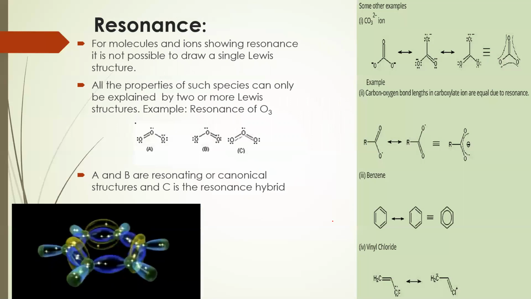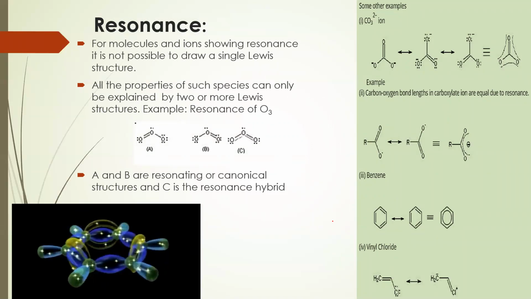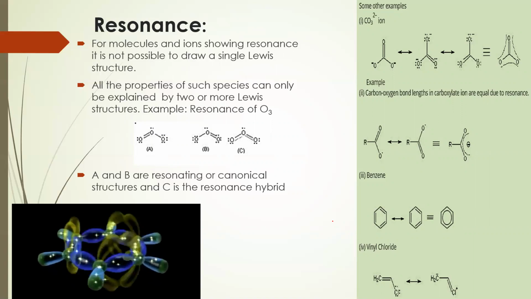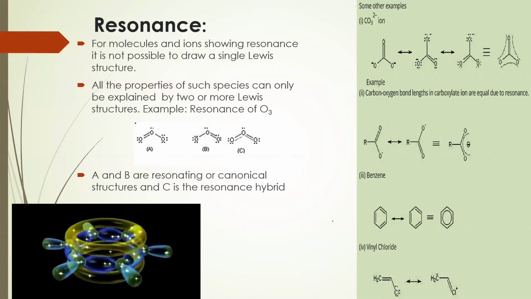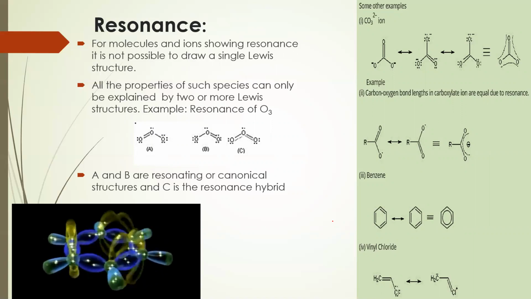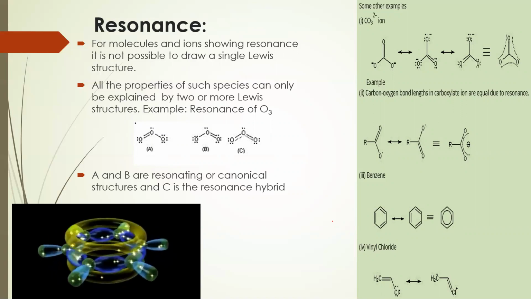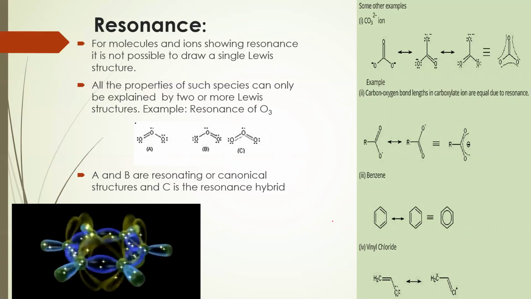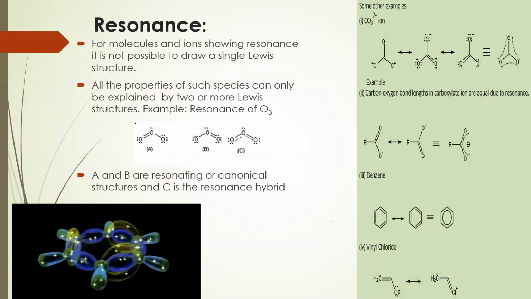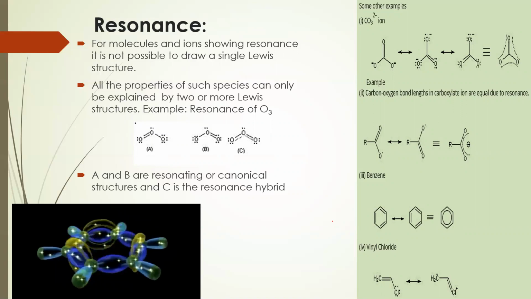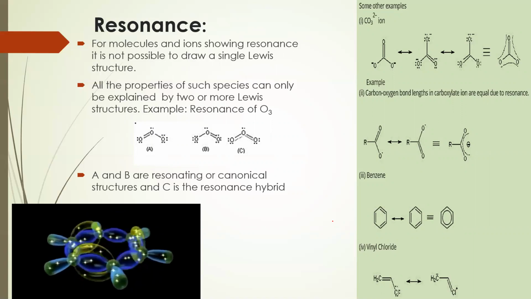Next comes resonance. What is resonance and where is the resonance structure seen? Basically, resonance structure is seen in unsaturated compounds, where unsaturation is due to the presence of a double bond or triple bond, and particularly in molecules containing alternate double bonds.